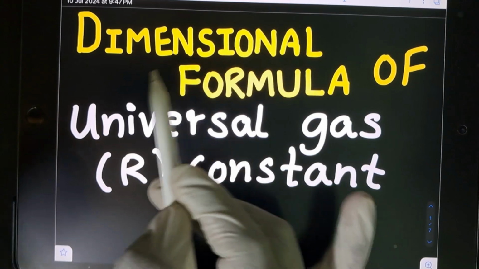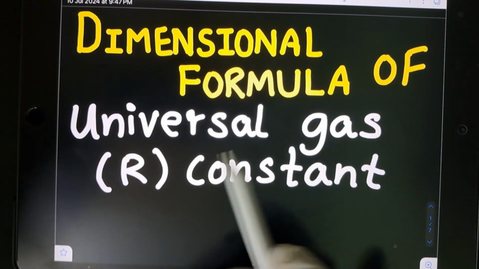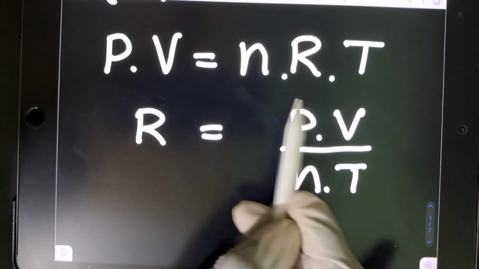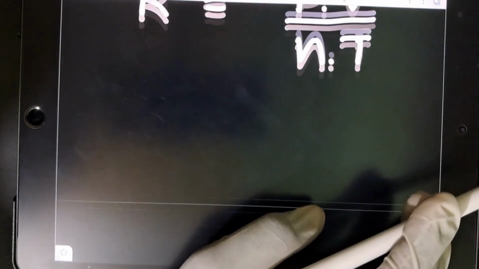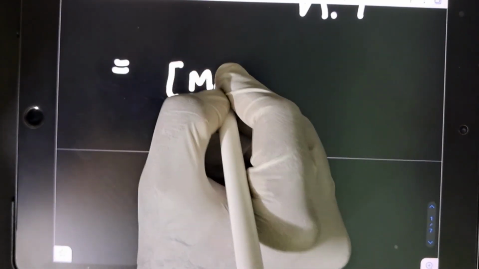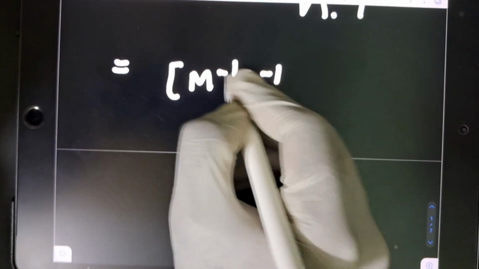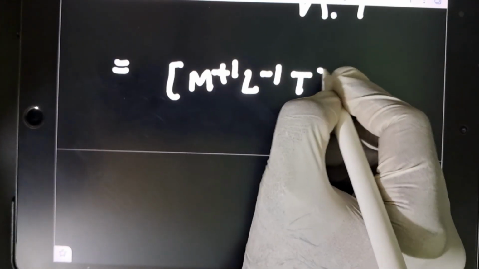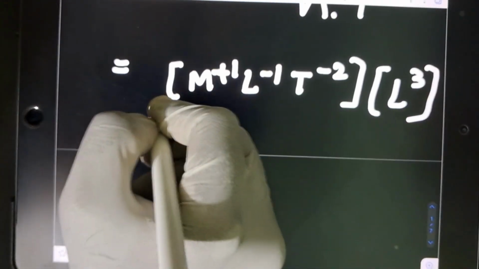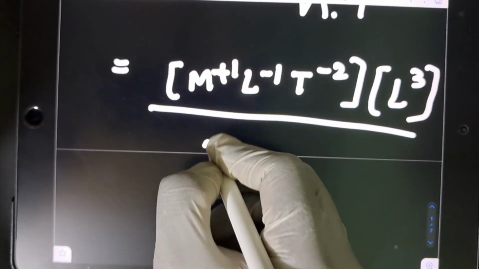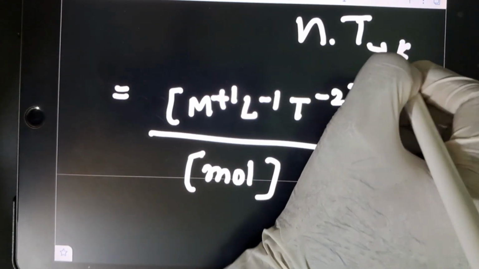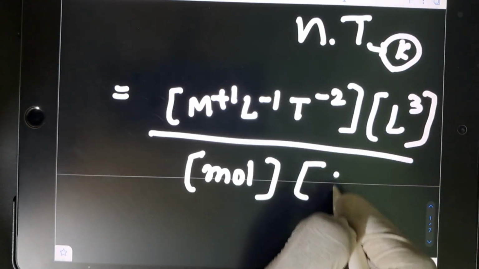To find the dimensional formula of universal gas constant denoted by the letter R, the formula is PV is equal to nRT. Here R is the universal gas constant, P into V by n into T. Here P represents pressure, so M power plus 1 L power minus 1 T power minus 2, and volume is L cube, by n, which represents the moles, and T represents temperature, denoted by the letter K, so K power 1.